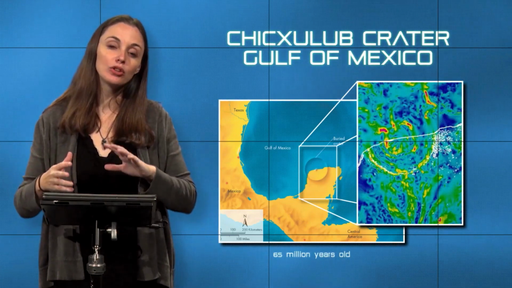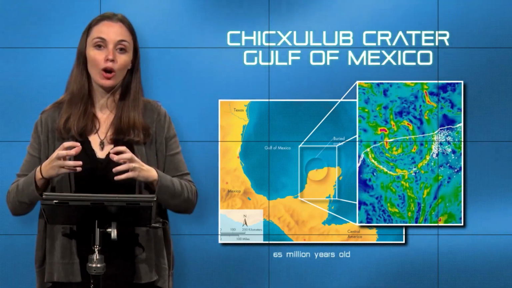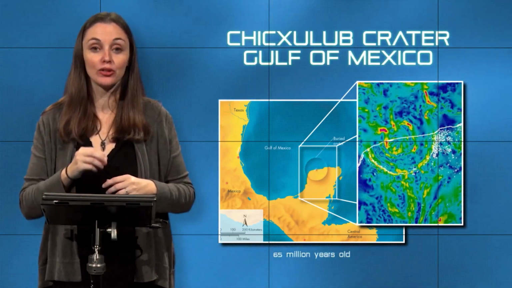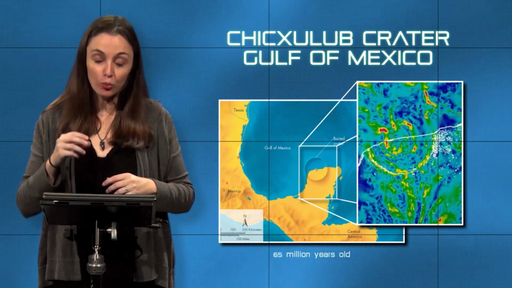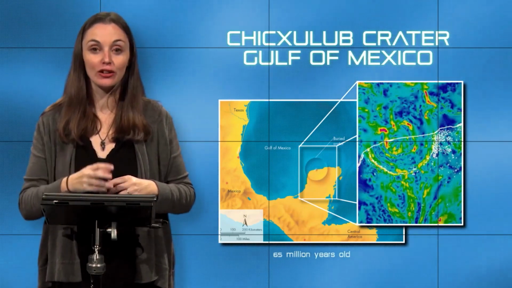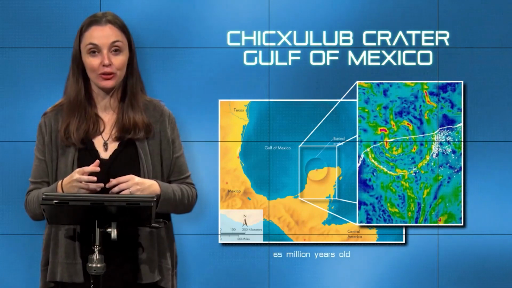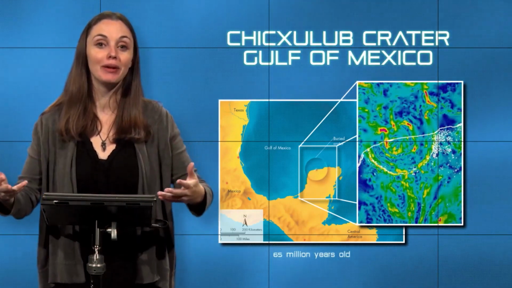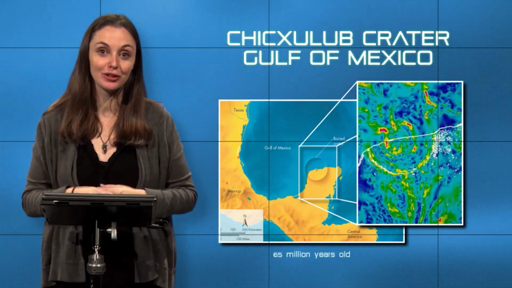And so it was somewhat speculative. It wasn't widely accepted until the Chicxulub impact crater was found in 1992. And when the impact crater was finally dated, its age turned out to be 65 million years old. So it was the smoking gun for the Alvarez theory, the meteorite impact theory for the extinction of the dinosaurs.